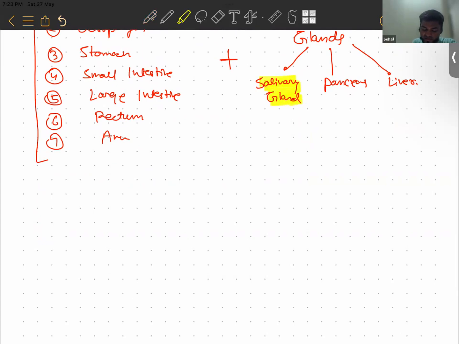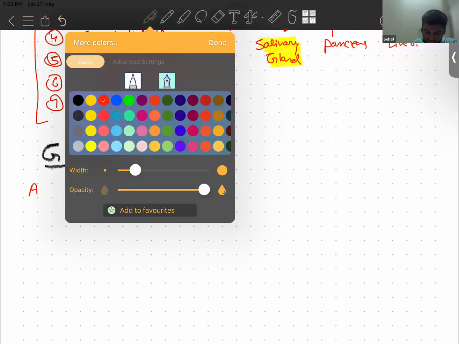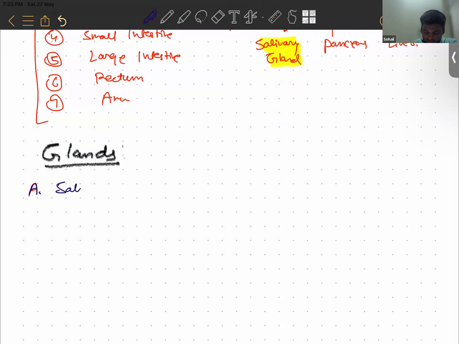Let's talk about the salivary gland. Where is it located? In our mouth. The salivary glands exist in three pairs.